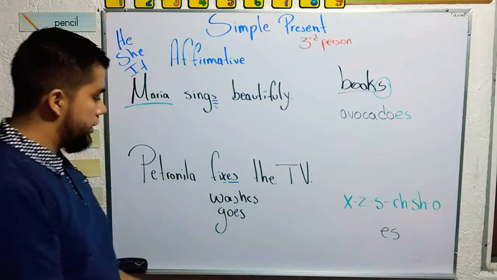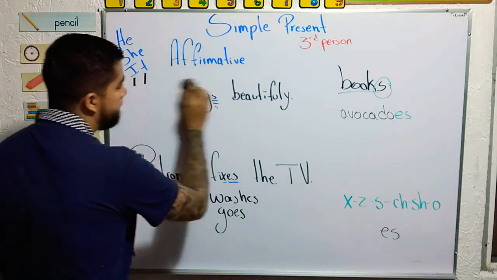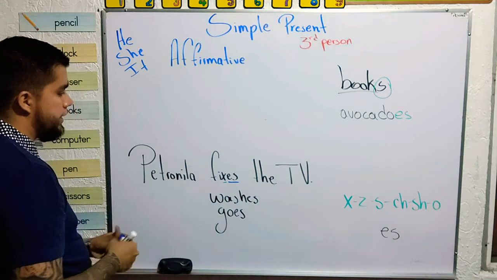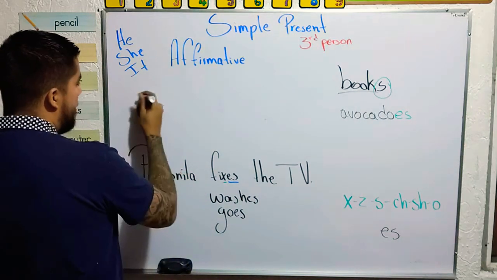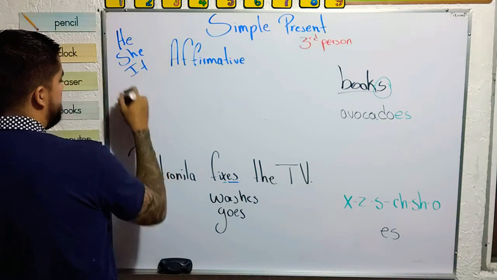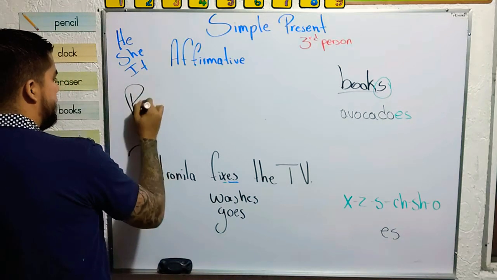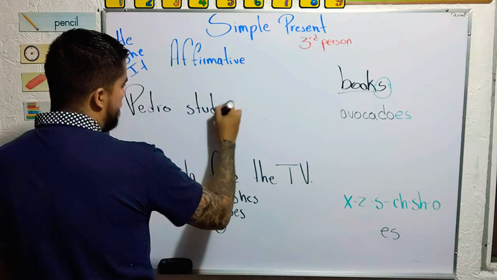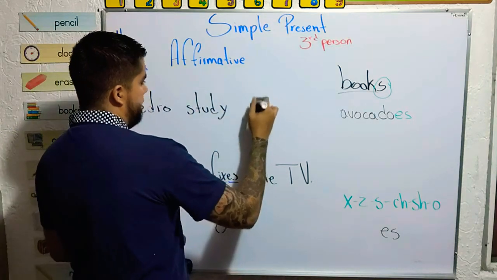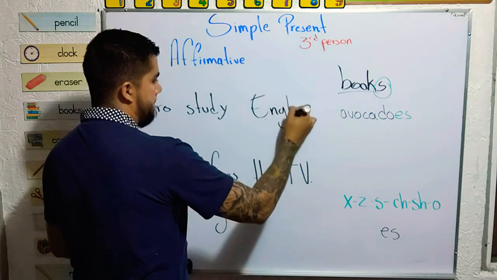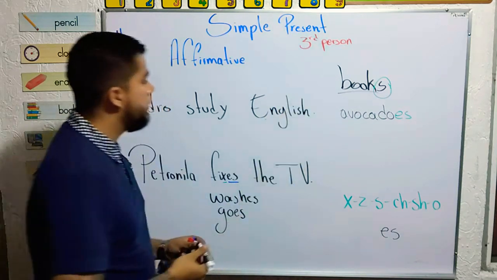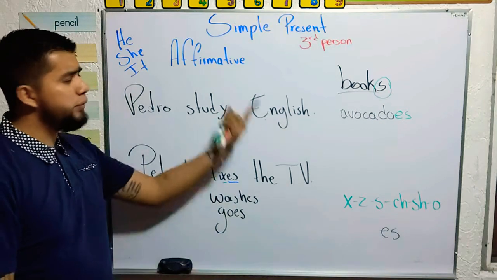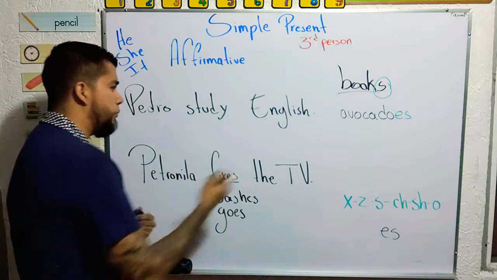And one more. Remember that when we have verbs, for example, Pedro study English. Well, you will say, third person Pedro, affirmative, simple present, one extra s.